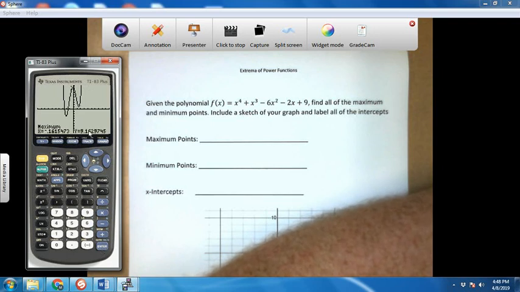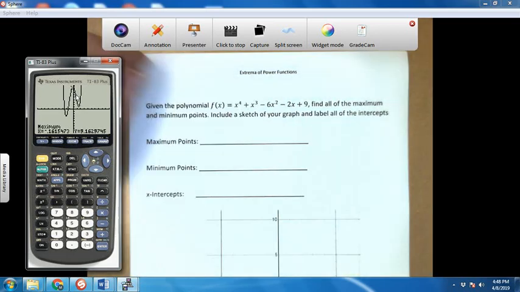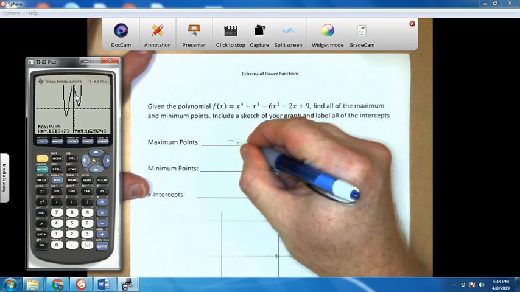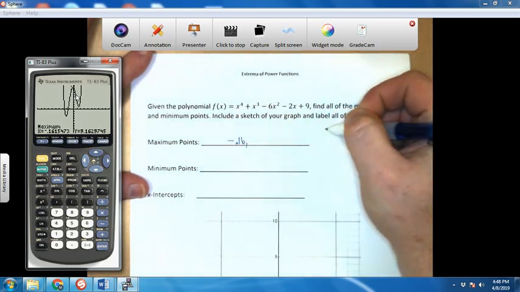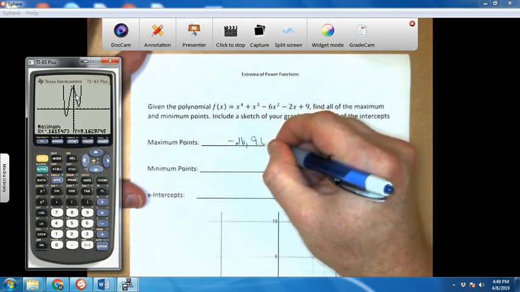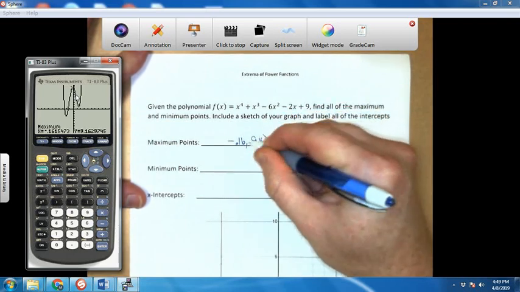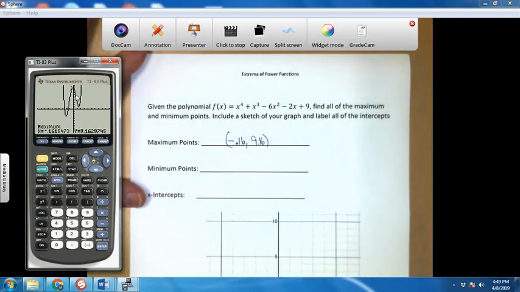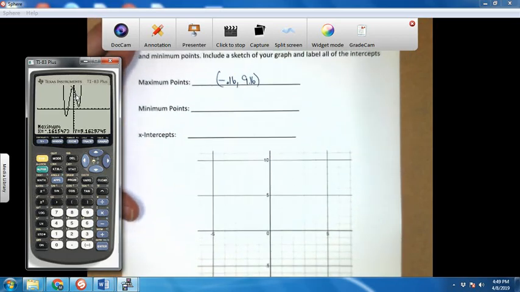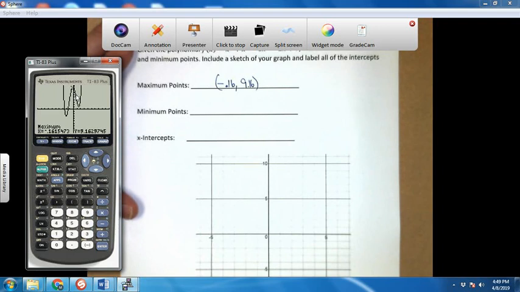And it tells me this maximum point is located at negative 0.16 and at 9.16. Okay. So I can kind of roughly sketch that if I so wish, but I'm going to wait to do that.